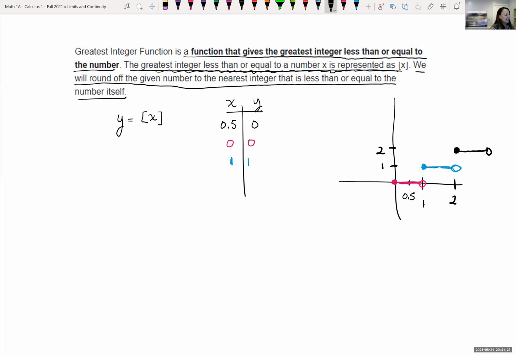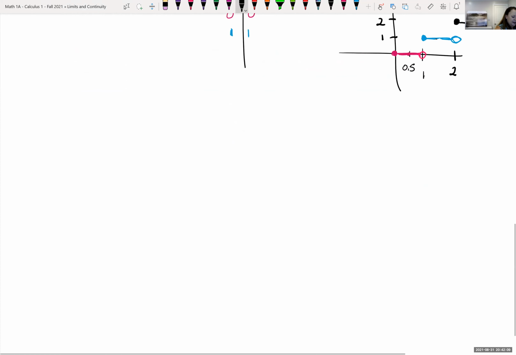Okay, so that is going to be helpful for us when we look at our next example, to remember what that step function looks like and what it's telling us. Our next example wants us to find the left and the right-hand limit of the following.